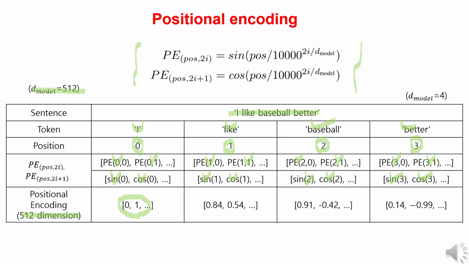The token "like" at position 1 has a positional encoding vector, whose first 2 values start at approximately 0.84, 0.54. In this way, each token receives a different positional encoding based on its position, enabling the transformer to recognize and use word order information.